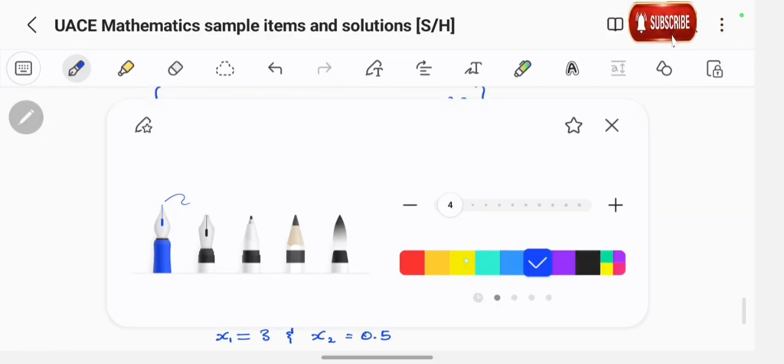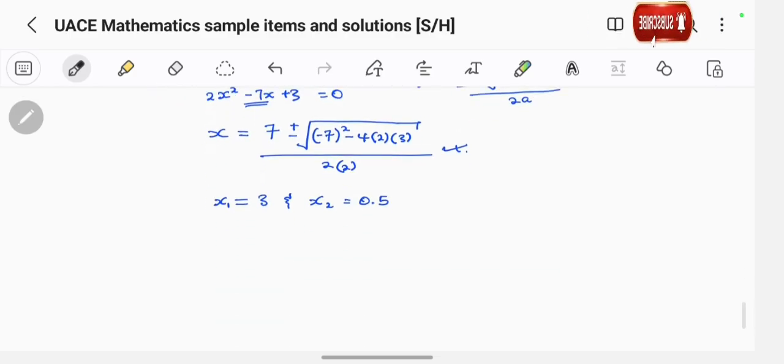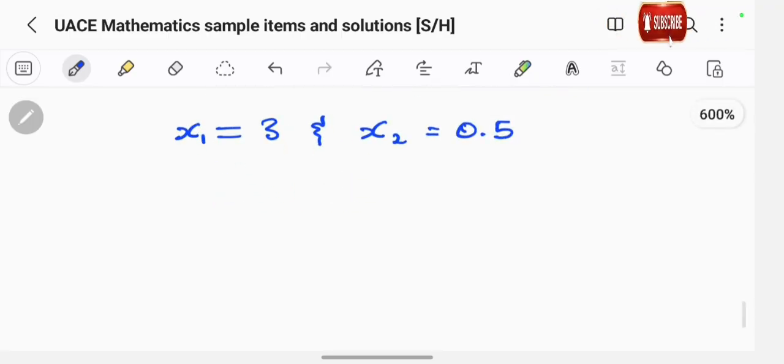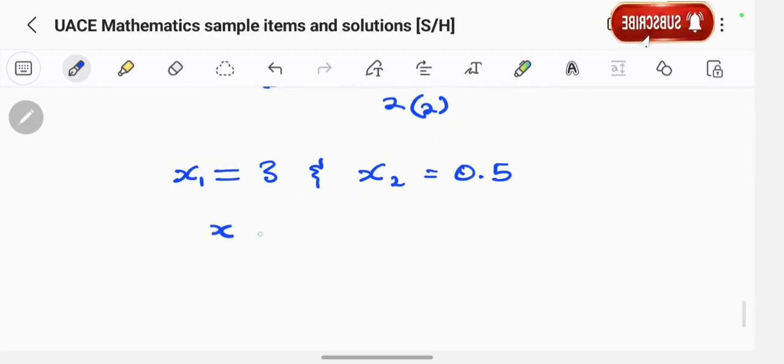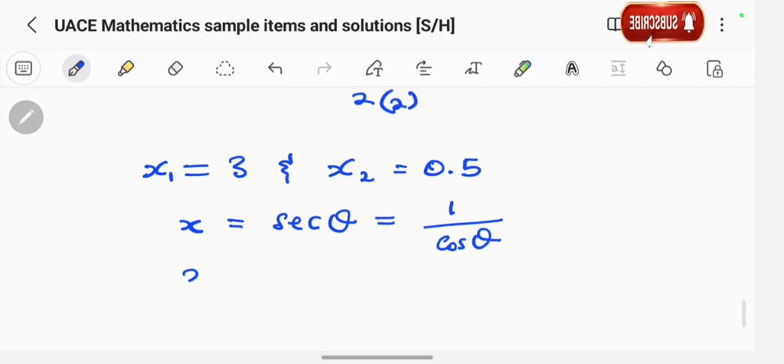But remember, we are not looking for x, we are looking for theta, and x is equal to sec theta. So my first x is 3, x is equal to sec theta. But we know very well that sec theta is 1 out of cos theta. So my x, which is 3, is equal to 1 out of cos theta.